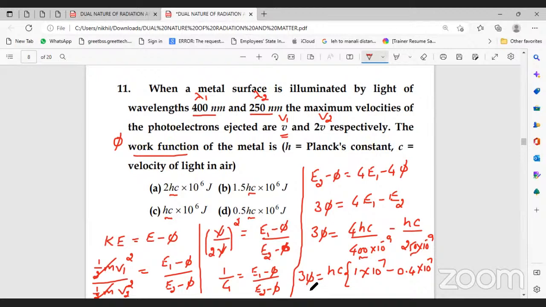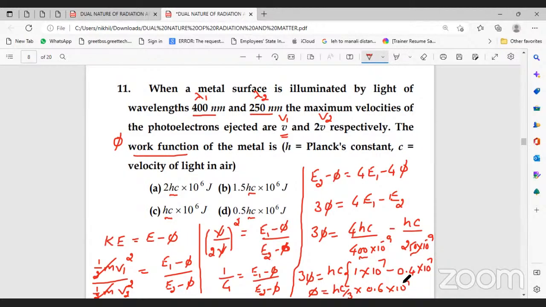What is phi from this equation then? Phi is hc by 3 into 0.6 into 10 power 7. What is 0.6 by 3? 0.2.